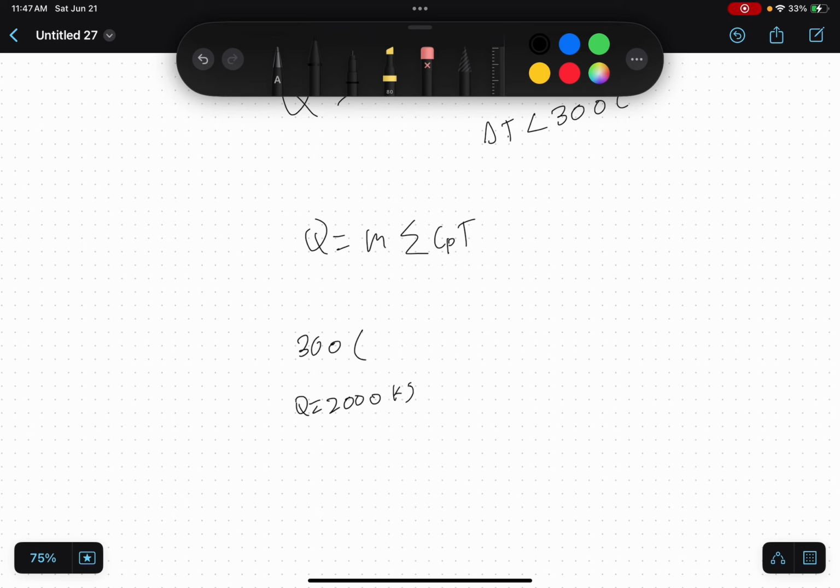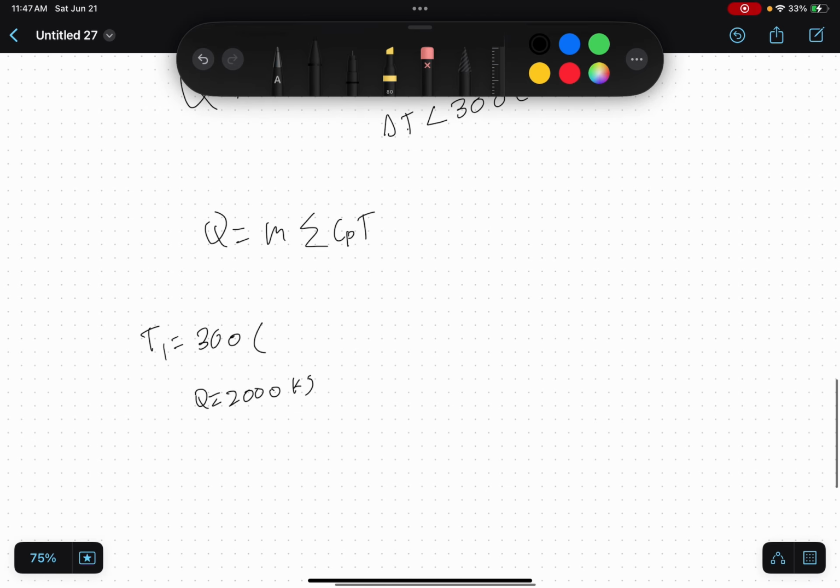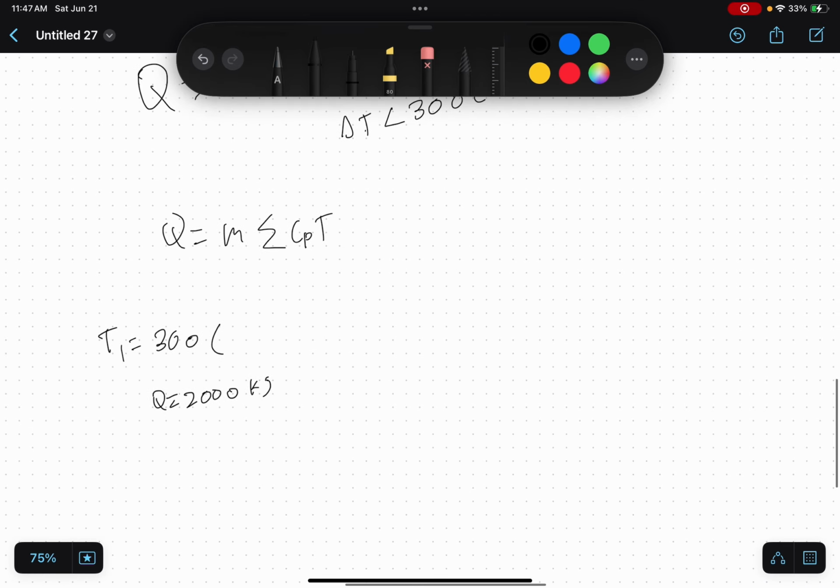What would your final temperature be? So it would be m Cp delta T, but you would go one degree at a time.